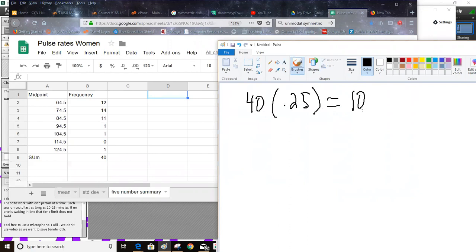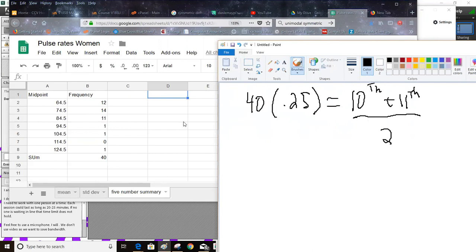And then on page 23, Dr. Stevens says, if I multiply the percentile times my n, my sample size, and I get a whole number, I have to average the 10th number and the 11th number. So the 10th number plus the 11th number, and I'm going to divide by 2 because I get 2 numbers.